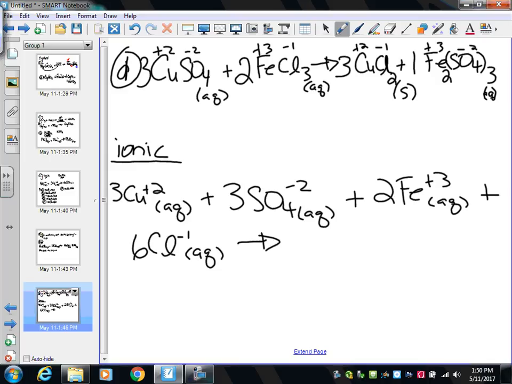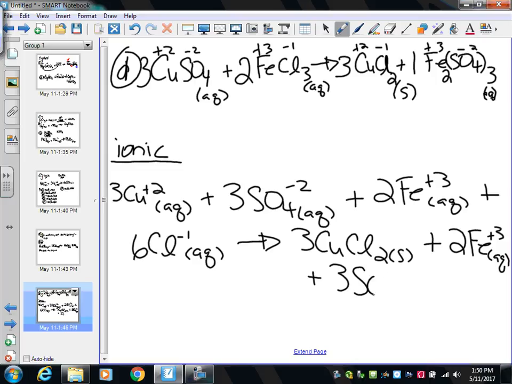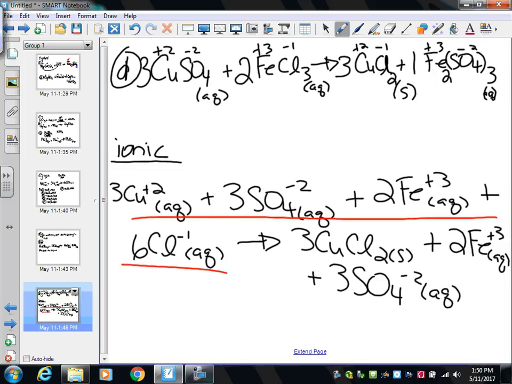That gives me my 3CuCl2, and that's my solid, that's why it gets to stay together. And then I'm going to continue on, and I'm going to get 2Fe plus 3 aqueous plus my 3SO4 negative 2 aqueous. So I'm just going to underline it so we know this is all my reactant side of it. The rest of it being my products. So this is the ionic, so it has each part, all of it, all together.